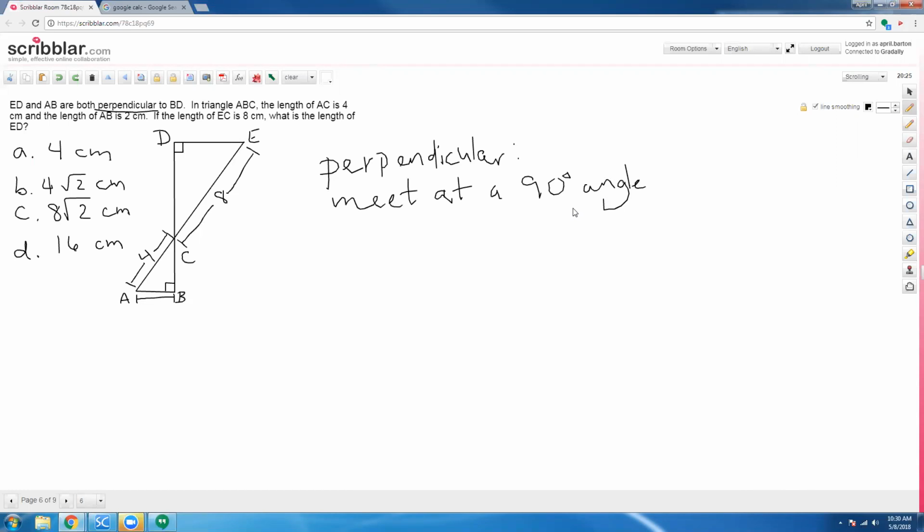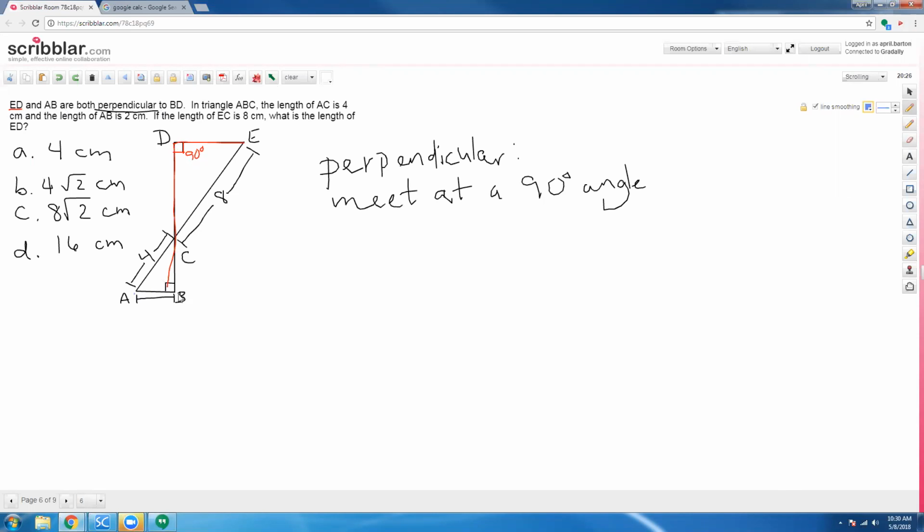Which in the picture, you'll also notice this symbol here, that little kind of square, that also means 90 degrees. So ED and AD are both perpendicular to BD. They're saying ED meets BD at this 90-degree angle.